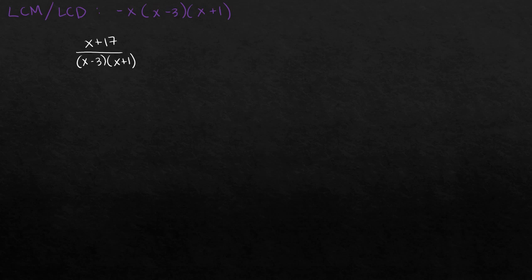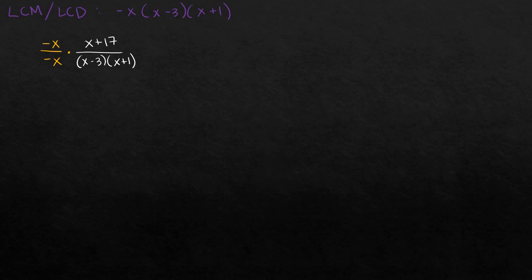So comparing that denominator to my lowest common multiple, the only thing I'm missing is this negative x. So that's the only thing I need to multiply the denominator by in order to get it to be my lowest common denominator. So of course we're only still multiplying by 1, so we'll need to multiply by a negative x over a negative x.